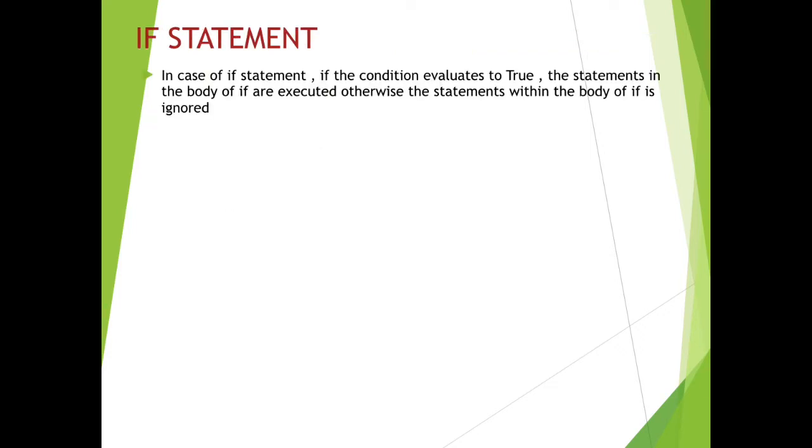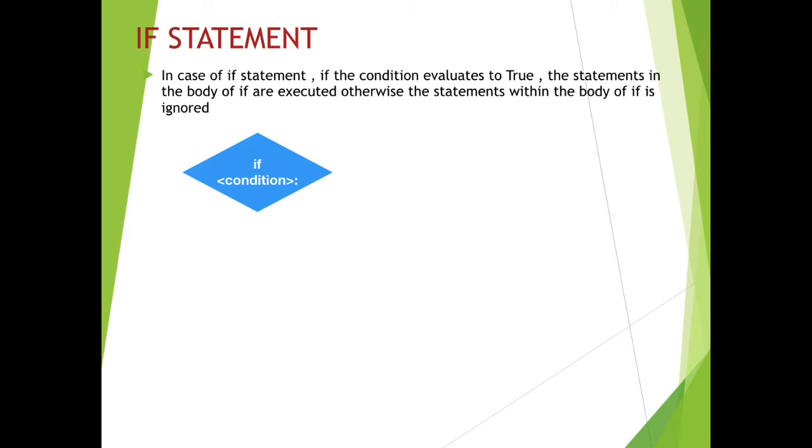Now in case of if statement, there is a condition, and if the condition evaluates to true, the statements in the body of if are executed, otherwise the statements within the body of if are ignored. Let us try to understand with the help of a flowchart. Now here there will be a condition.